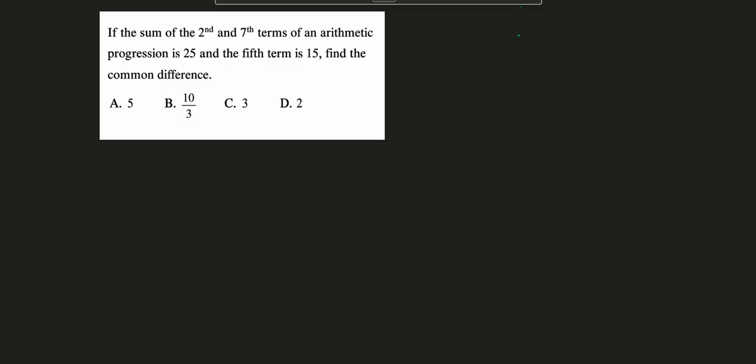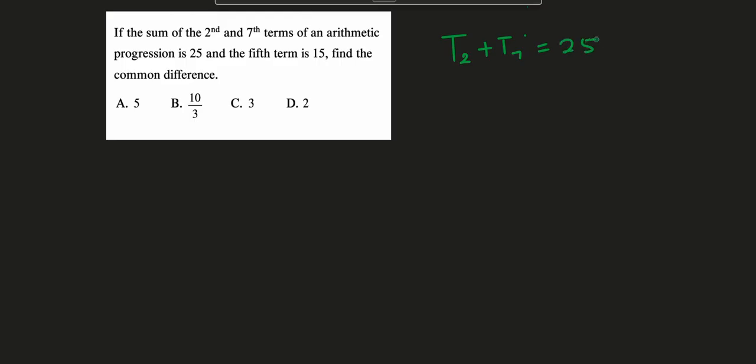So if the sum of the second term, so we understand that we are adding values. So the sum of the second term and then the seventh term, adding together, we have 25. Okay.